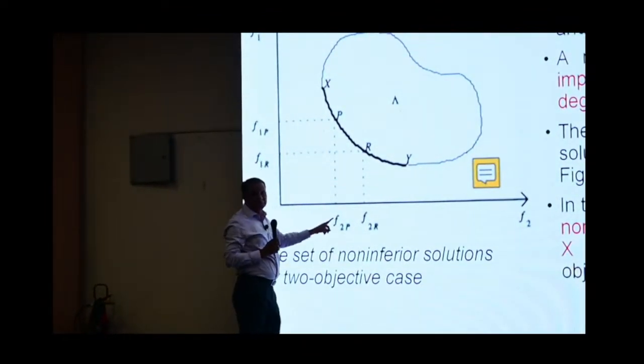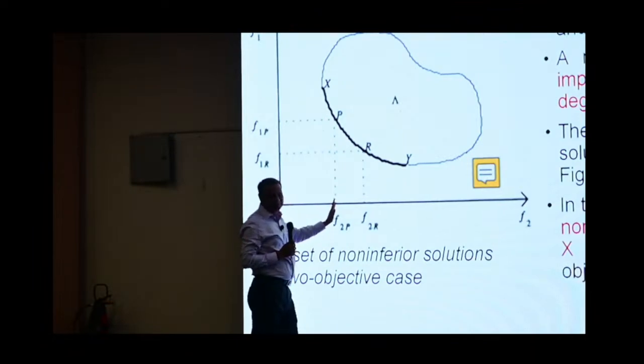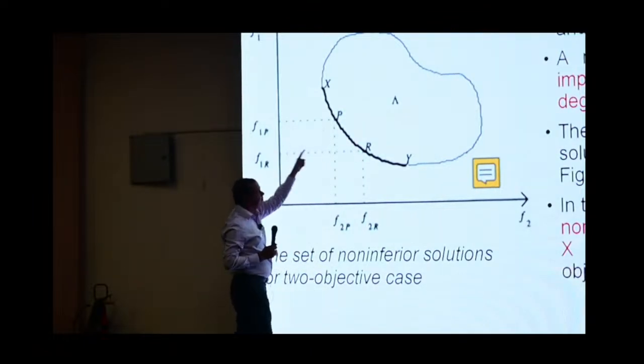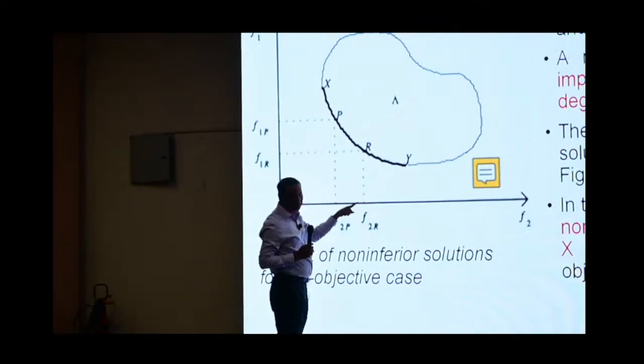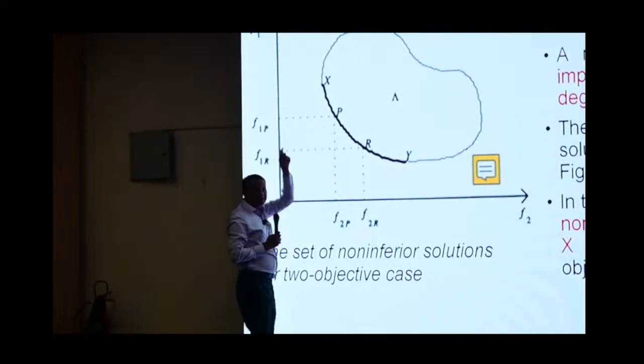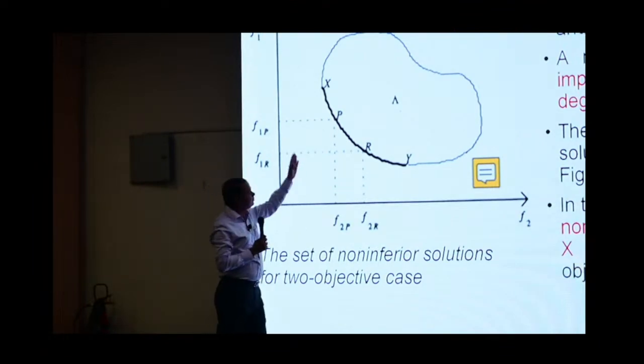Objective function 2, if it is here, it is the minimum. If it is moved here, it is getting worse. This thing only happens. Take a point here. If I want F1 good, F2 should be better on this side. Then F1 is getting most worse. That's why it is not.